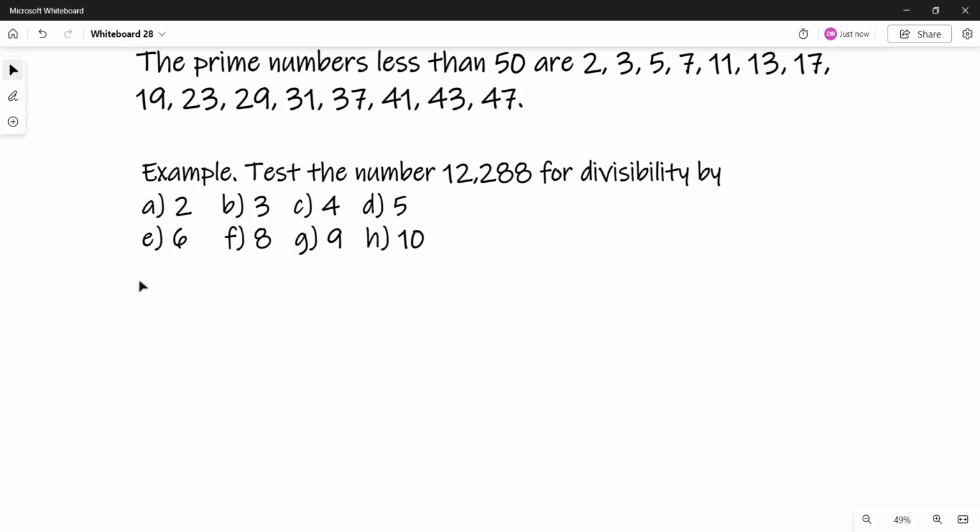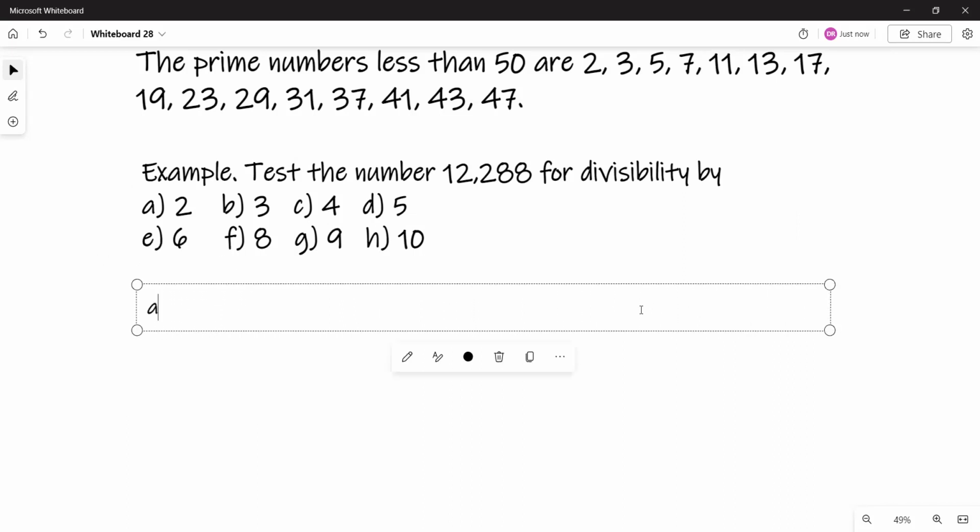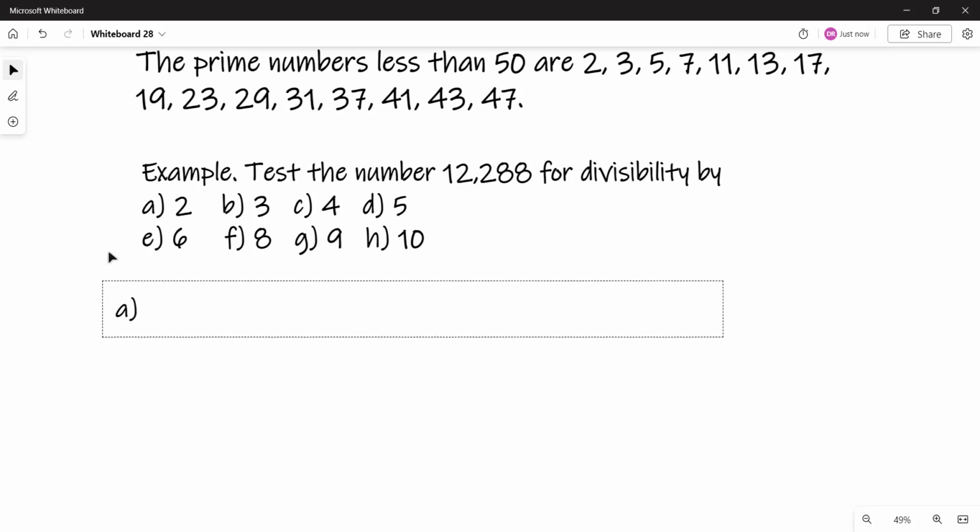Okay, so let's start with A. This number is divisible by 2 because the last digit is 8.